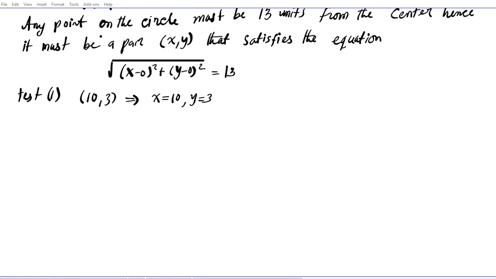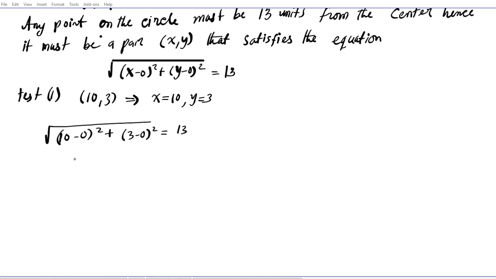Alright, so what we're going to ask ourselves is, does this ordered pair satisfy this equation right here? So we're just going to plug it in. Is the square root of 10 minus 0 squared plus 3 minus 0 squared equal to 13?